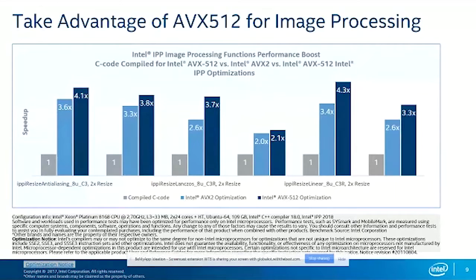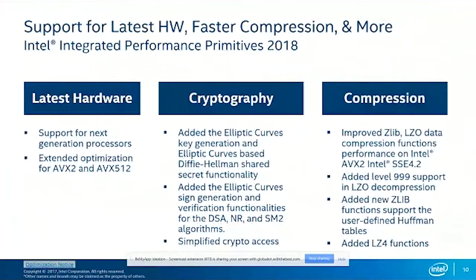Okay, so this is just a very quick view of our Intel IPP performance library. This is a quick summary of what we offer in the Intel IPP libraries. We do the latest optimizations. We added new functions on the data encryption part.